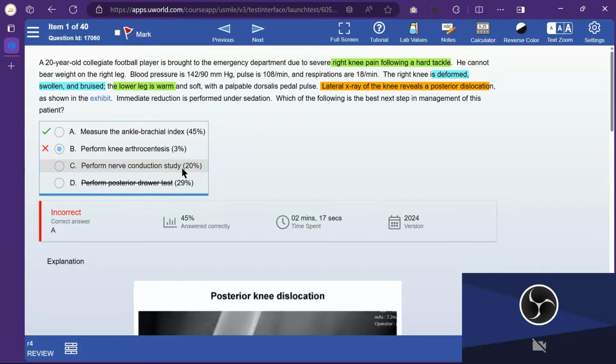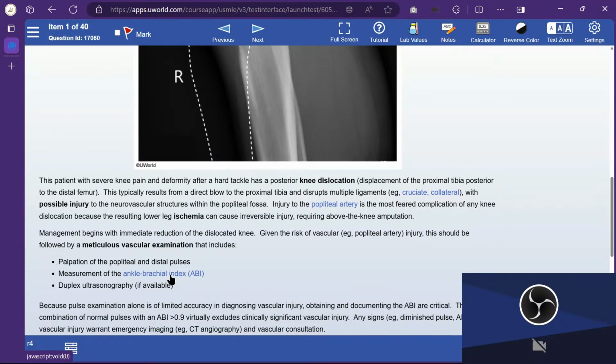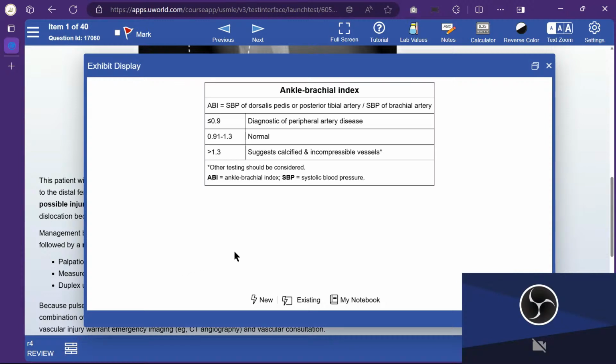Systolic blood pressure of the ankle divided by systolic blood pressure of the brachial artery, using the dorsalis pedis or posterior tibial artery. When the result is less than or equal to 0.9, it is diagnostic of peripheral artery disease.